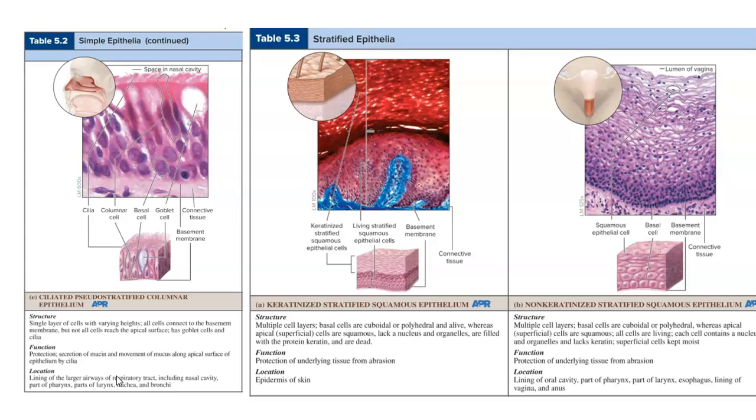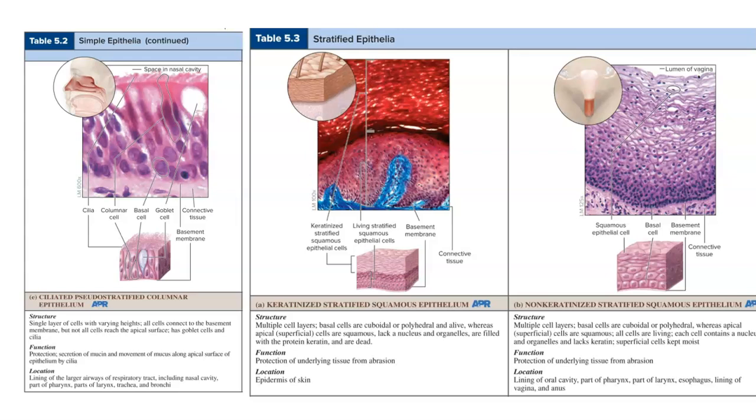All right. And then we'll move into our stratified epithelium. And our last two images here from table 5.3 are stratified epithelial. So remember, this is multiple layers with only the deepest layer of cells attached to that basement membrane. So the cells in that basal layer are going to be sort of cuboidal in their shape, whereas the cells closer to the apical surface are going to be more flat or squamous in their shape.